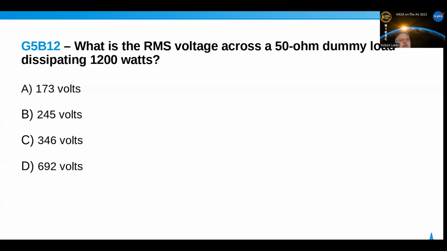So to find the voltage, I want the square root of the product power times resistance. Now this is definitely easier on the calculator. I think it's Bravo. Probably approximated in head. You think it's Bravo? Yep.